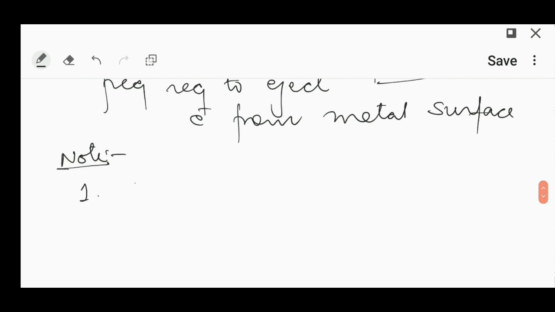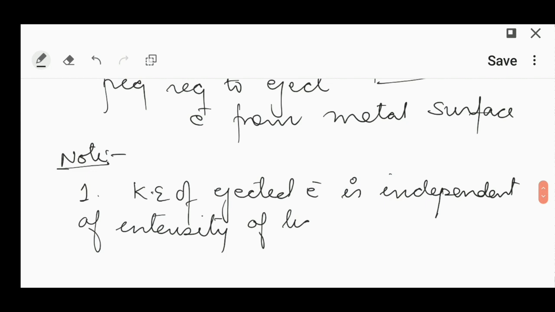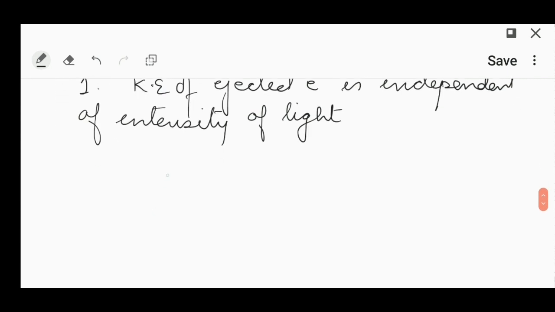Number one: the kinetic energy of the ejected electron is independent of what? Intensity of light or radiation. So kinetic energy does not depend upon the intensity of light.